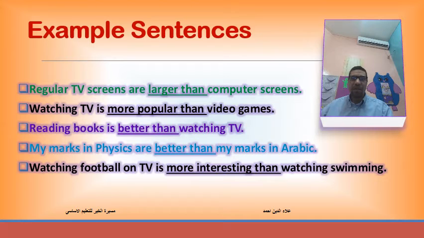My marks in physics are better than my marks in Arabic. Watching football on TV is more interesting than watching swimming. Again, larger than, more popular than, better than, more interesting than, we call these comparative adjectives.